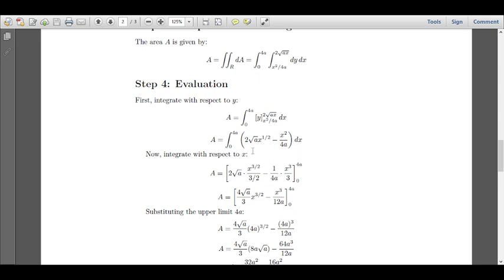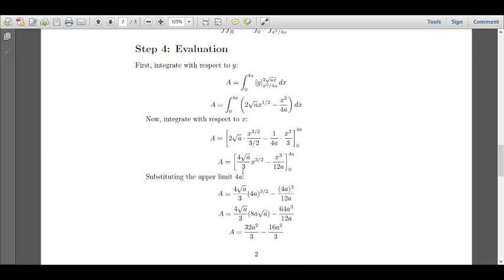We use the formula integral x power n dx equals x power n plus 1 by n plus 1. So x power 1 by 2 plus 1 over 1 by 2 plus 1, minus 1 by 4a times the integration of x square, which is x cube by 3. This is 4 root a by 3 x power 3 by 2 minus x cube by 12a.